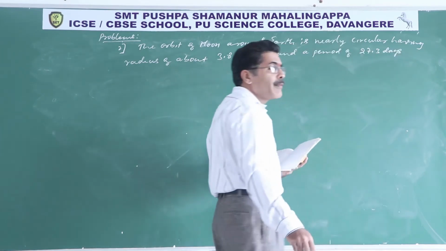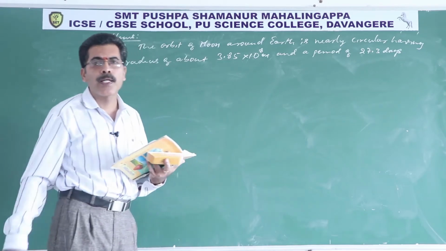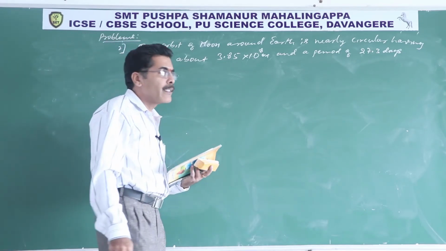See, the time taken by the moon to make one revolution around the earth is 27.3 days.